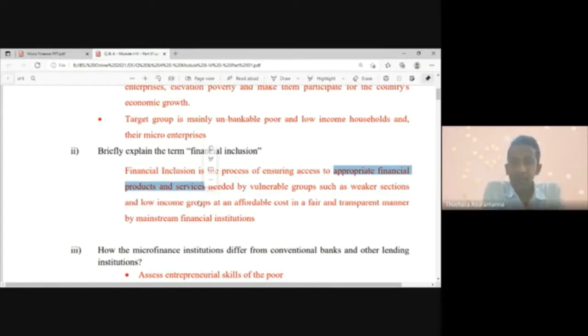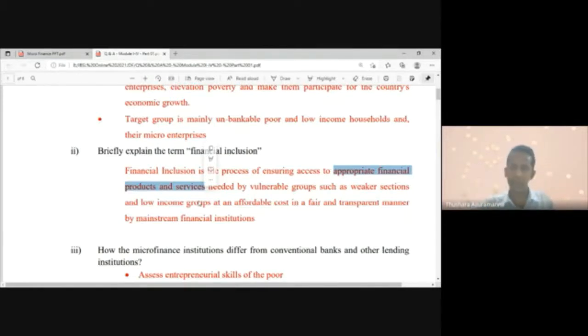Because this could come as an MCQ or as an essay question, but the answer does not change. But you can add some value. Once you know the base, then you can say appropriate financial products like microloans, advisory services; you put an icing on that. Then say vulnerable groups, poor households, people below the poverty line, like micro entrepreneurs and micro enterprises.